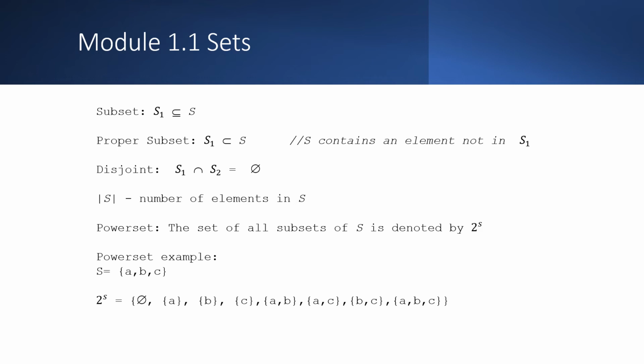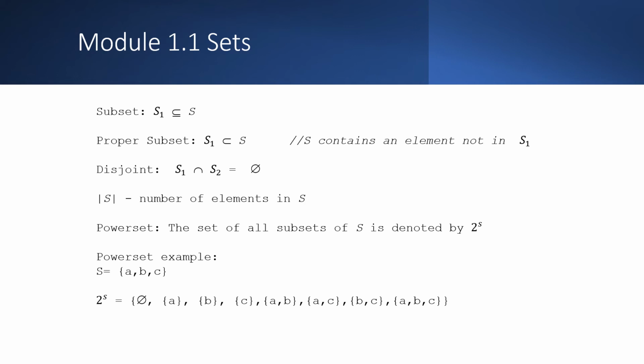So here's an example of the power set. There are a couple of important things here. You can see the subsets of S are sets themselves. See the notation? The power set of S includes the empty set, the set that contains A, the set that contains B, the set that contains C, the set that contains A and B, etc. So keep in mind that a power set is a set of sets, so you have to have that notation correct.